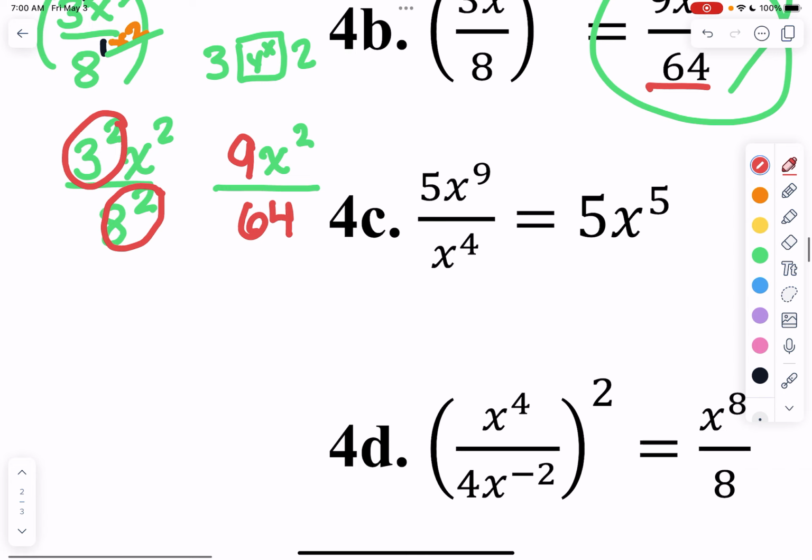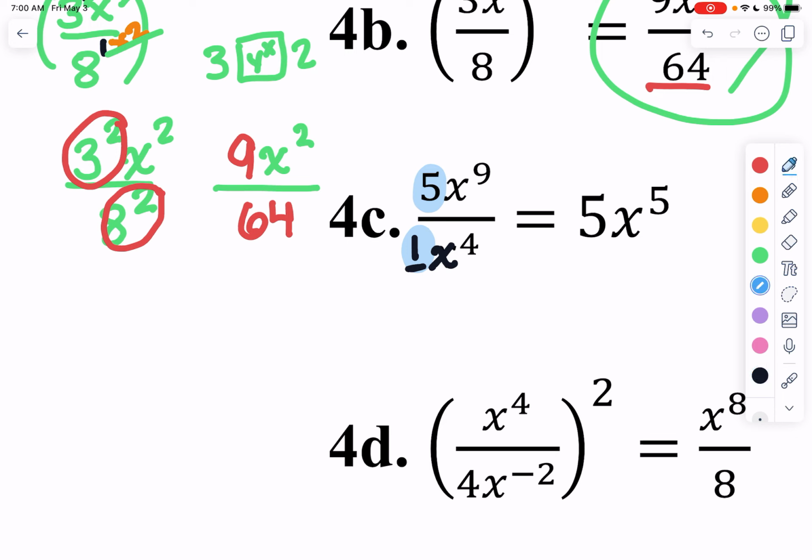For C, all right, I got 5x to the power of 9 over x to the power of 4. So first step, I have a big number, we call it coefficient, on the outside. There's nothing on the bottom, so we can think to ourselves, well, there's always a number next to my x. That is an invisible one, okay?